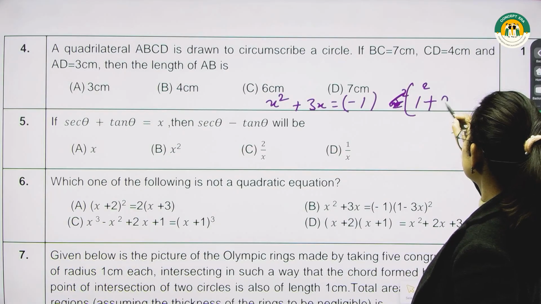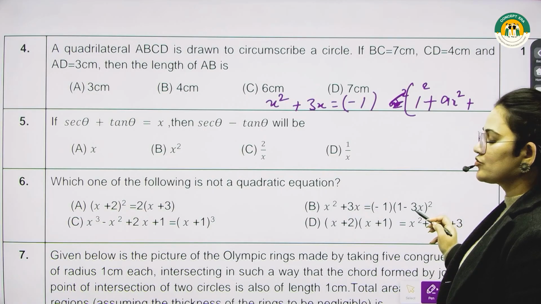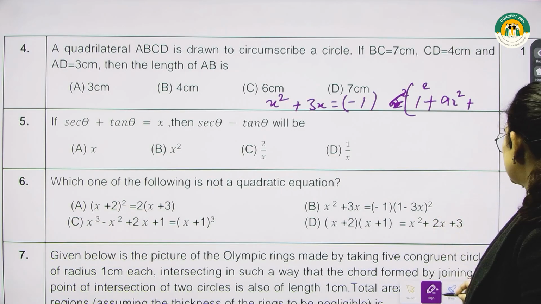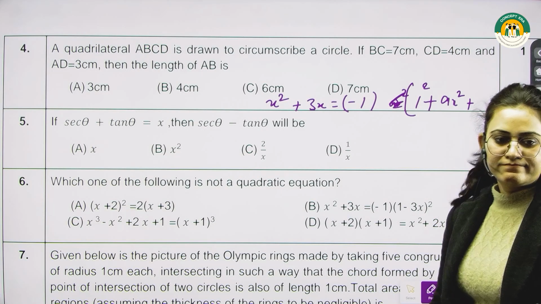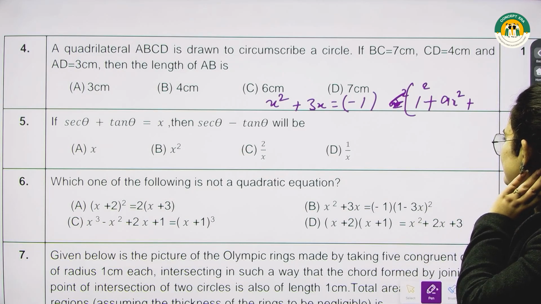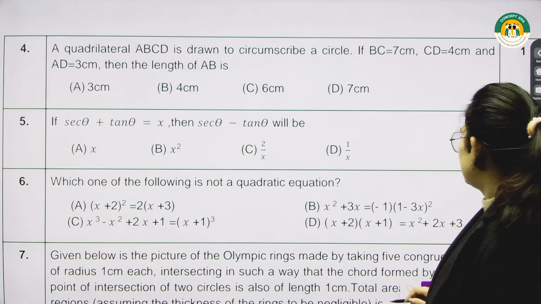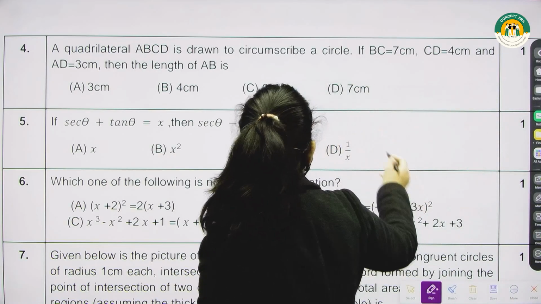B square means 9x square, plus 2ab. 2ab means 2 into 3, 6. Sorry, minus 2ab.